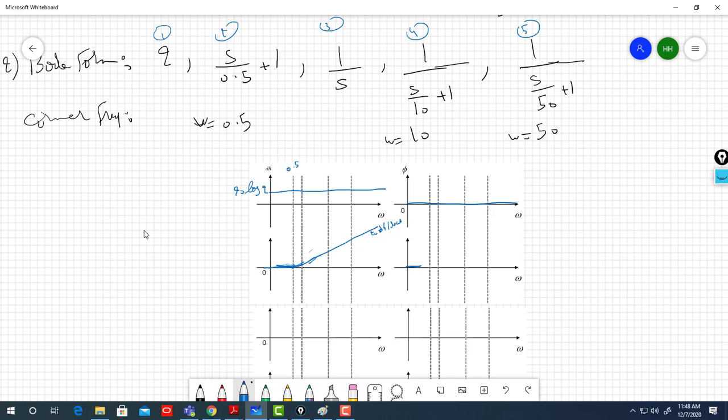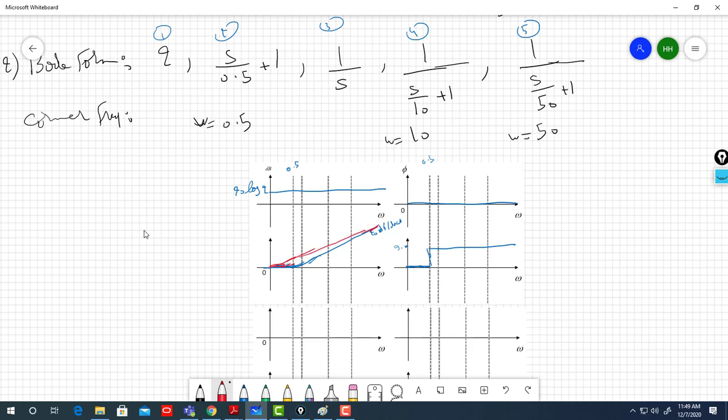Then the phase is 0 at 0.5, and we are considering plus 90. So plus 90. Maybe I draw it better. That's how it looks like. If you wish the exact one, like at the corner frequency we have 45, and then we meet it later on.